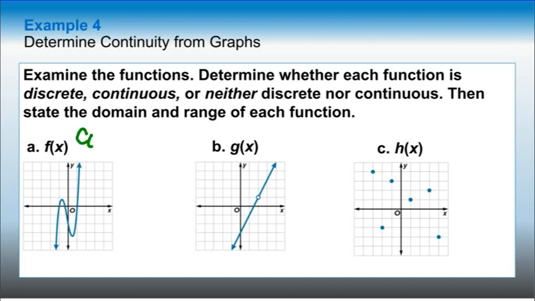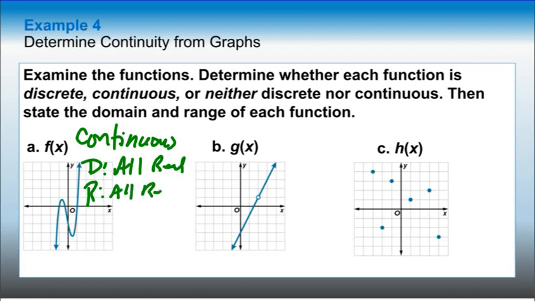So we would say this is continuous. And the domain and range: the domain would be all real because it keeps going to the right and to the left, and the range would be all real as well because it goes to positive infinity all the way down to negative infinity.